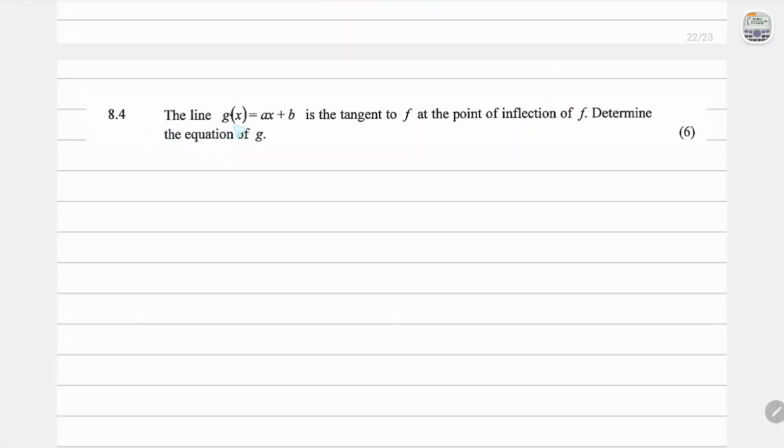Question 8.4 says, the line g of x equals ax plus b is a tangent to f at the point of inflection of f. Determine the equation of g. This line is a tangent to f at the point of inflection. So we already know the point where it's going to be a tangent.